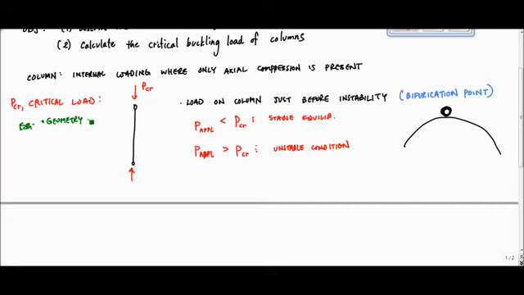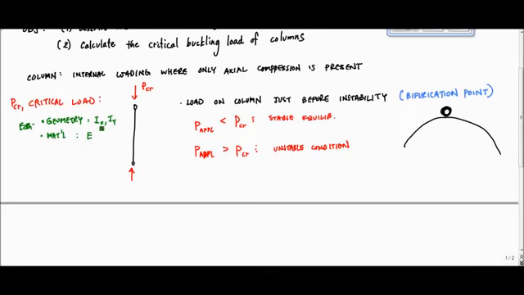We already talked about the moment of inertia I. Here I'm going to write Ix and Iy. And then we have material. Here we said the stiffness, or the modulus of elasticity, plays a role.